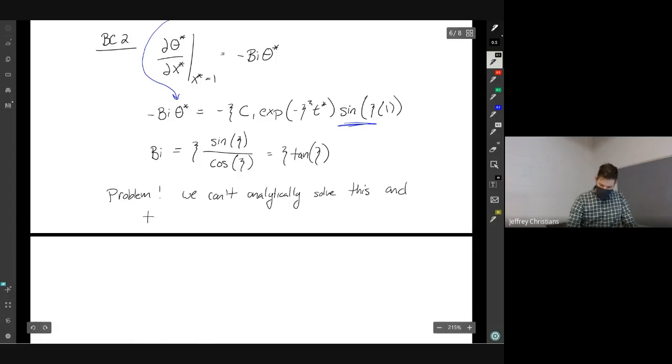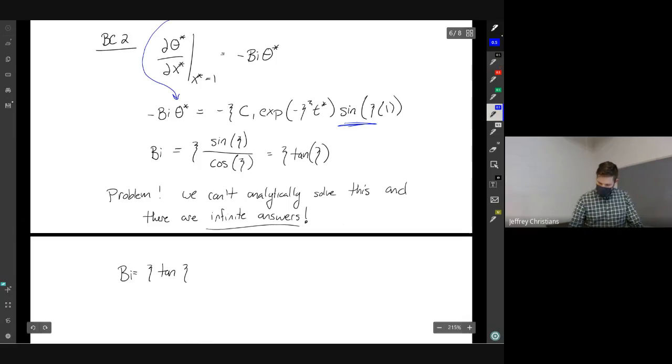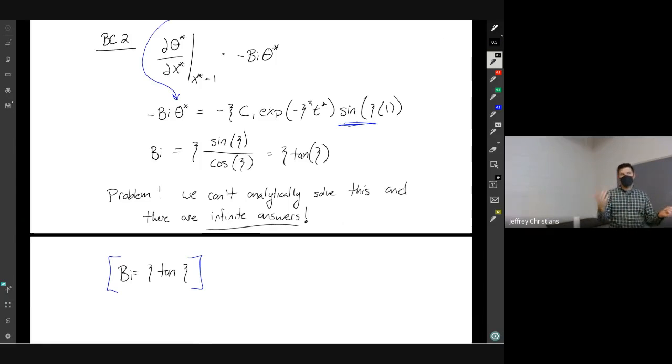And there are infinite answers to that equation, right? So Bo equals C tangent C. We have to solve that equation. And there's not a really good solution, right?